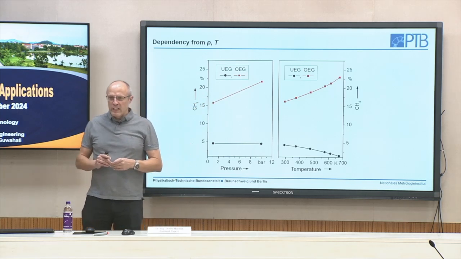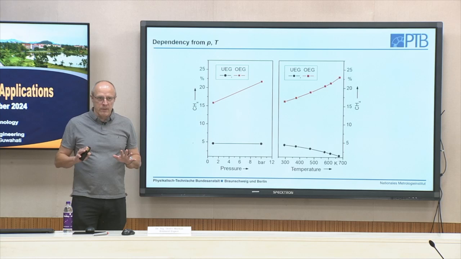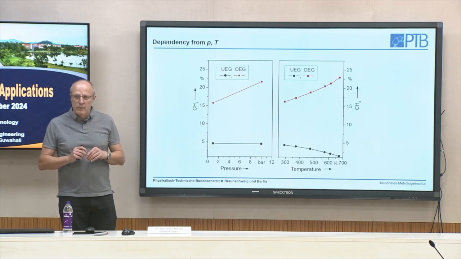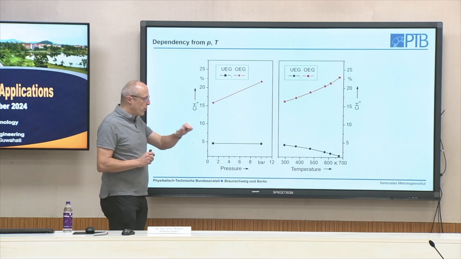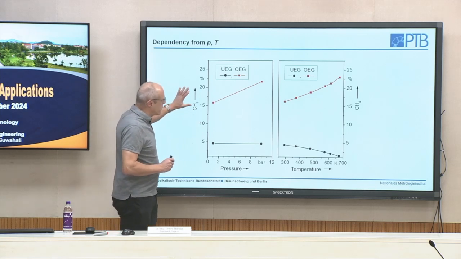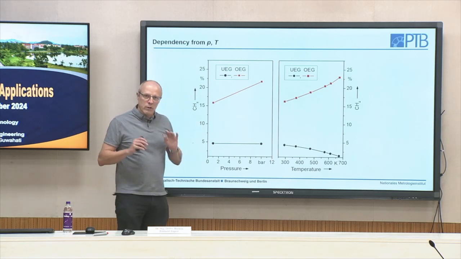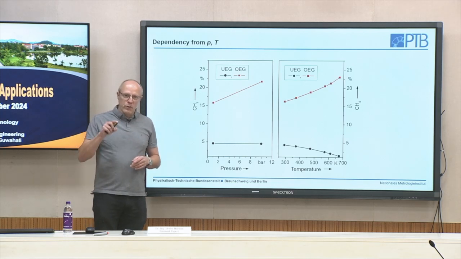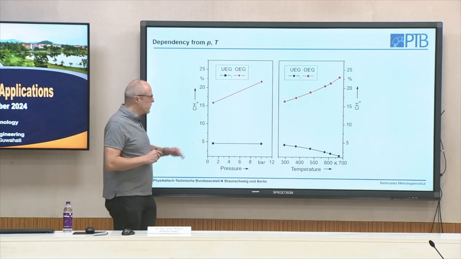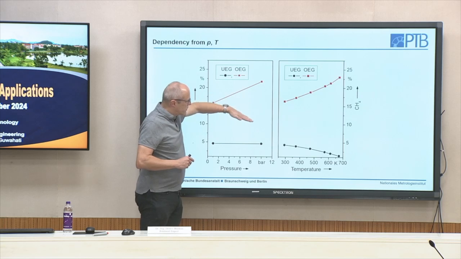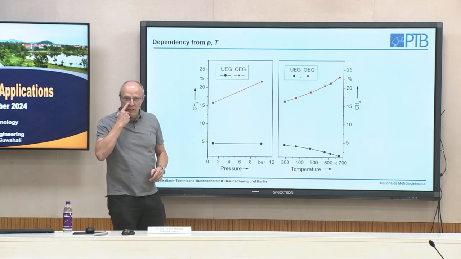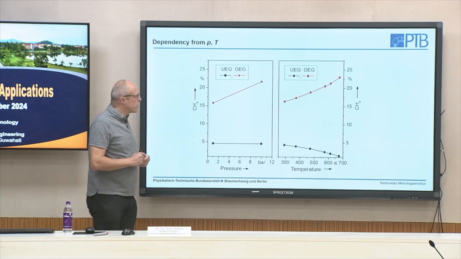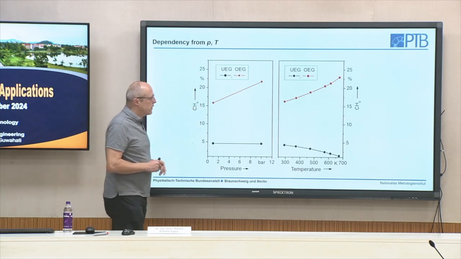But here you have to be careful. It's a kinetic effect, and it depends strongly on the combustible you consider. So it's not a rule of thumb. For most hydrocarbons it's correct, but you always have to check carefully whether it is correct for your combustible. There are also combustibles where the flammability range is decreasing or getting smaller.